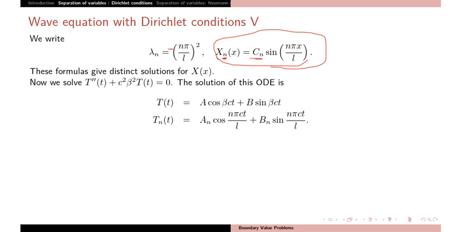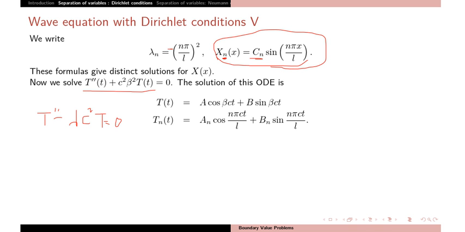Okay. So now we solve the ODE for the t variable. In the t variable, you write T double dash minus lambda c square T equal to 0.